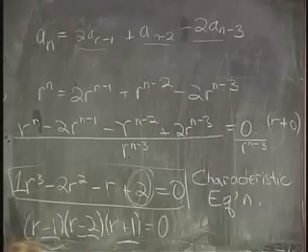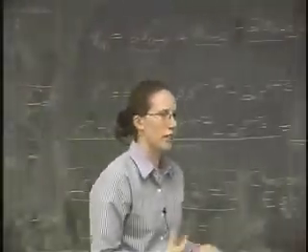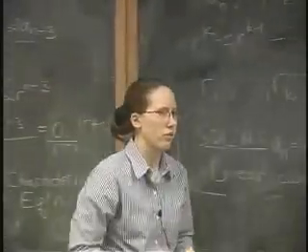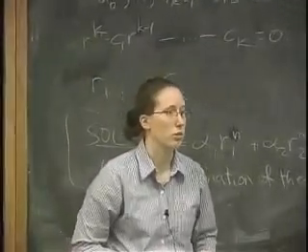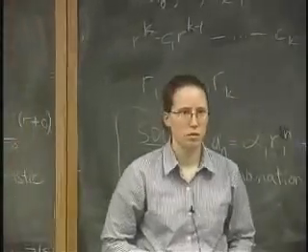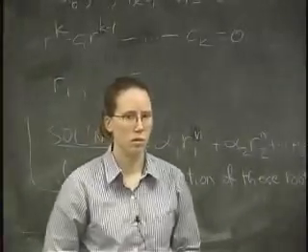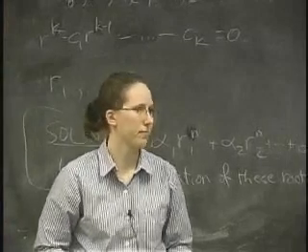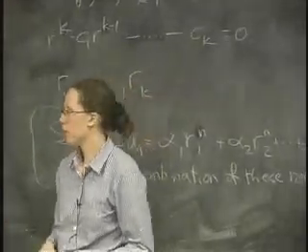Is it fair to say that the characteristic equation is exactly equivalent to your original equation? It's not equivalent. It's just an equation that you've derived from your original recurrence relation. The only other root would be r equals 0, assuming that r is not equal to 0.